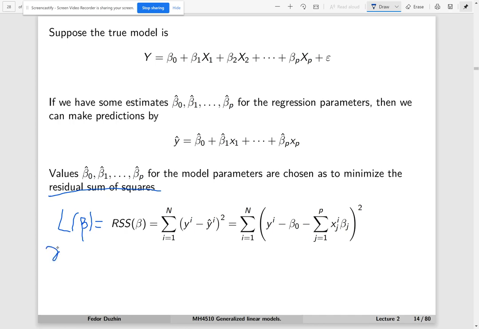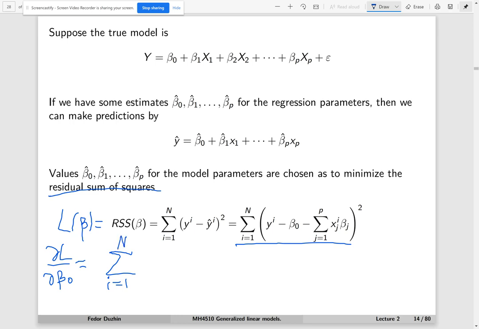What is the partial derivative of L with respect to beta 0? We're going to just take this expression and differentiate it with respect to beta 0. First of all, this is the sum, and the derivative of the sum is the sum of derivatives. So this is going to be the sum from 1 to n.